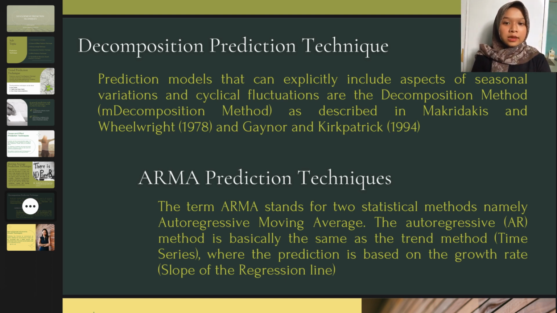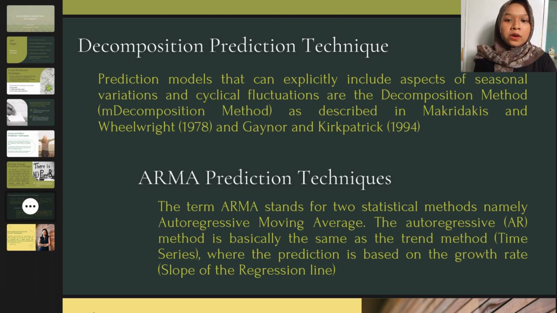Number 4 is the composition prediction technique. The facts show that in making predictions using the trend method or time series, in the long term, the data often used contain quite large seasonal variation and cyclical fluctuation. In addition, seasonal variation and cyclical fluctuation occur repeatedly within a certain period of time.